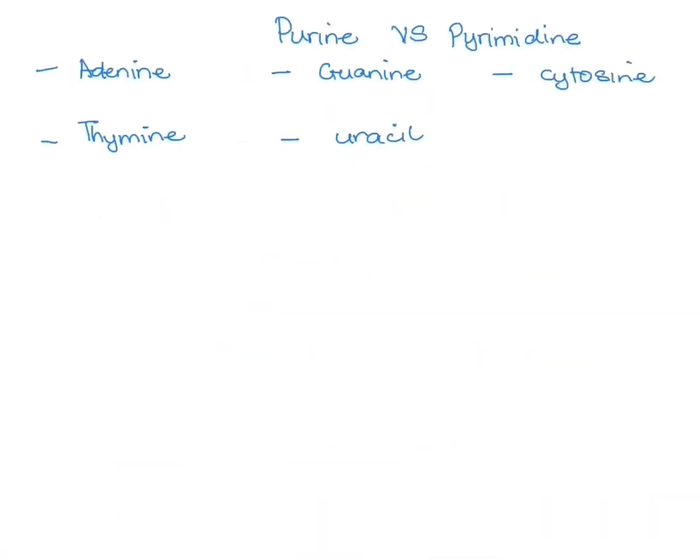Now let's look at the difference between purine and pyrimidine. So nitrogenous bases are present in nucleotides. These are adenine, guanine, cytosine, thymine, and uracil. Purines have two rings. These are adenine and guanine.